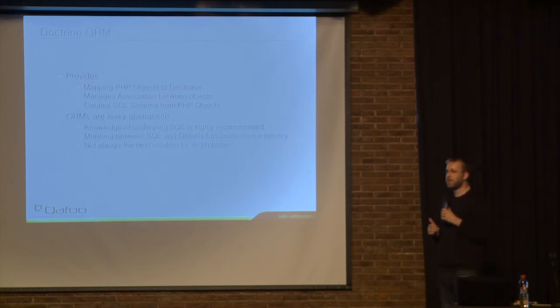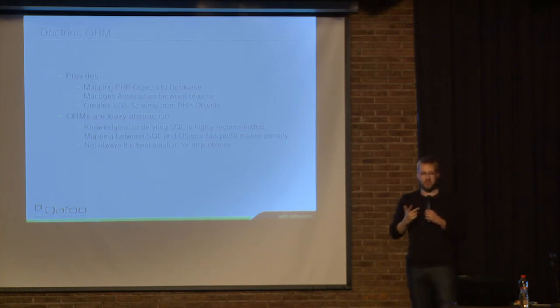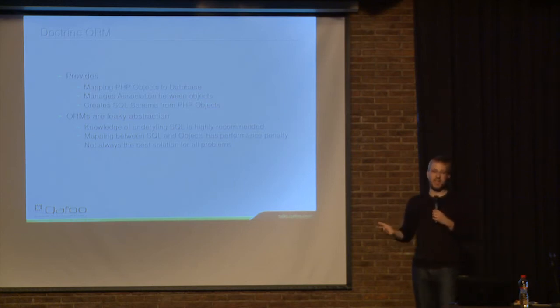Object relational mappers are always a leaky abstraction. What does this mean? Because I said before that it's actually very complex to do this, object relational mapping. It's not possible to hide all the different details of relational databases from a user of an object relational mapper.